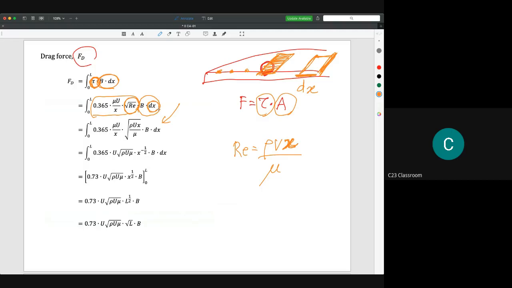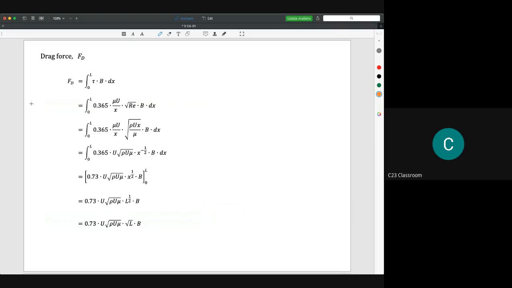So we need to integrate all the x terms for our calculation. So that's why in this calculation you need to substitute the value of the Reynolds number here with rho ux over mu. And then we solve this integration. So the limit becomes 0 to L.